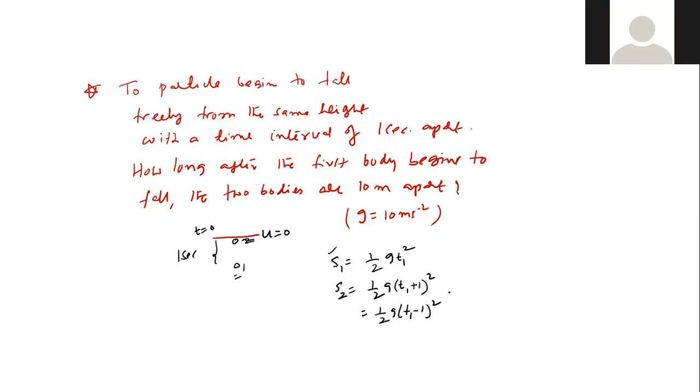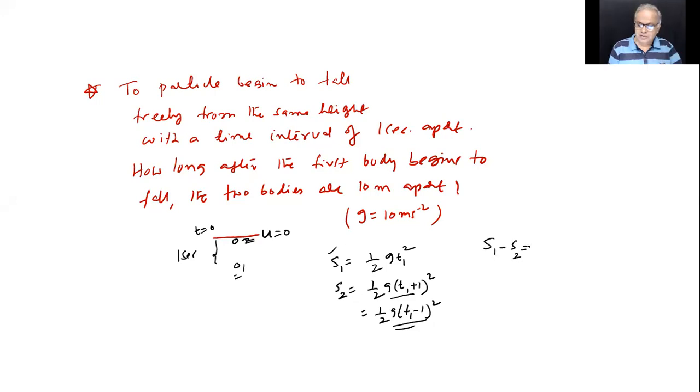Should I write this one or this one? T1 minus 1, sir, whole square. Okay, I got confused. The difference of these both will be 10, so S1 minus S2 is equal to 10 meters. Okay, everybody?